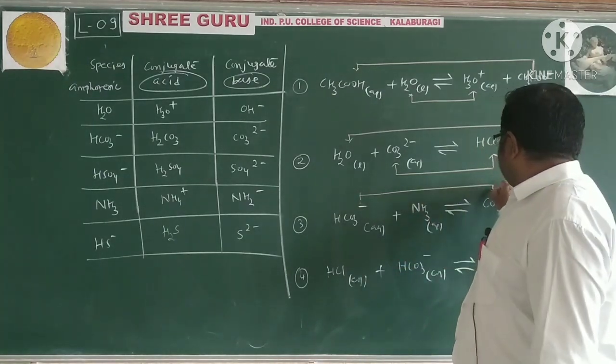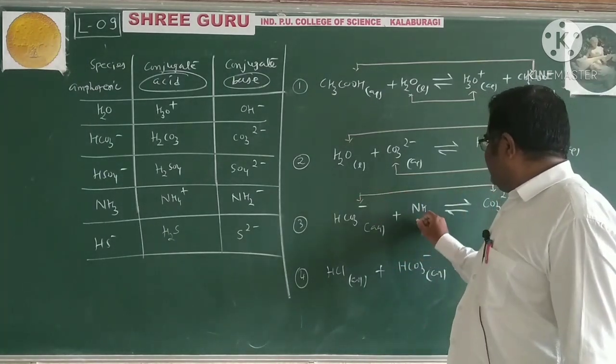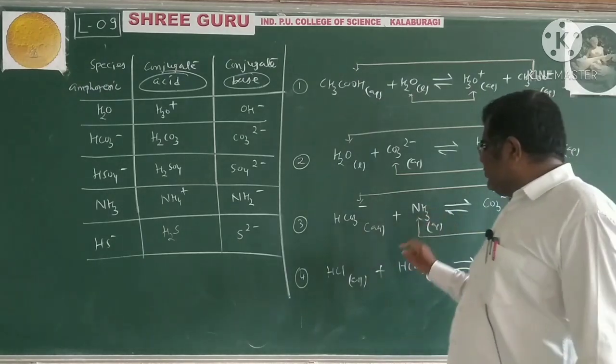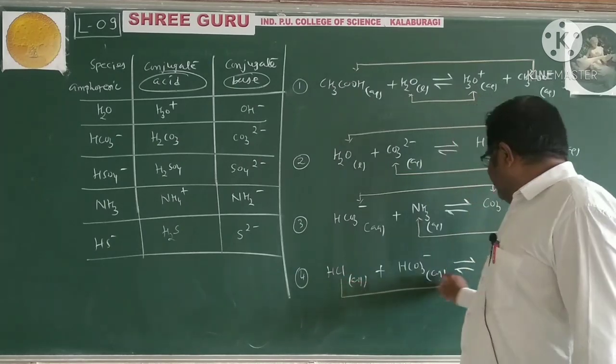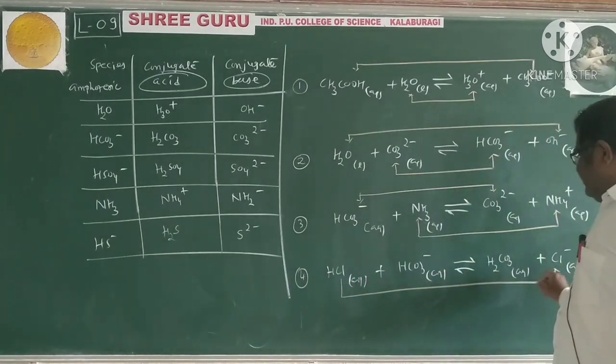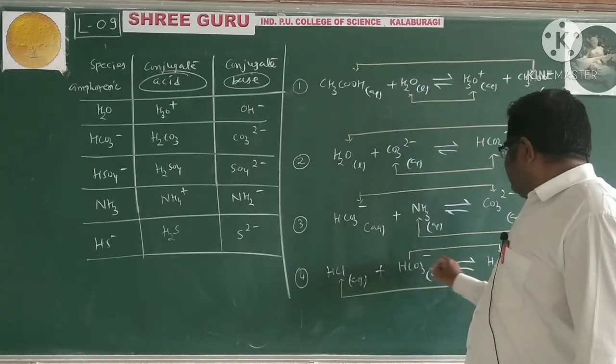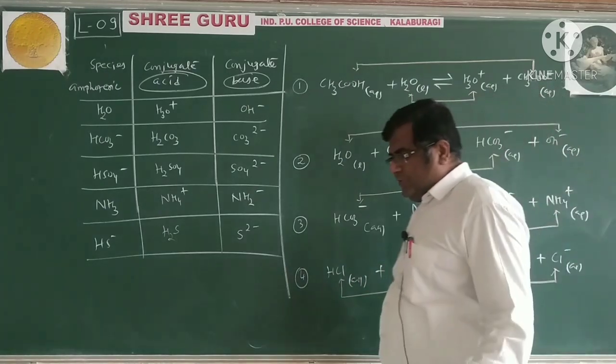HCO3 is to be connected with CO3 negative 2, and NH3 to NH4 plus, because they differ by this proton. HCl with Cl negative, and HCO3 negative with H2CO3.